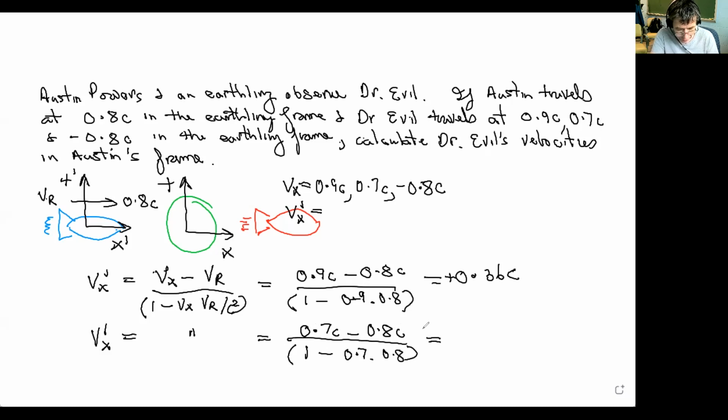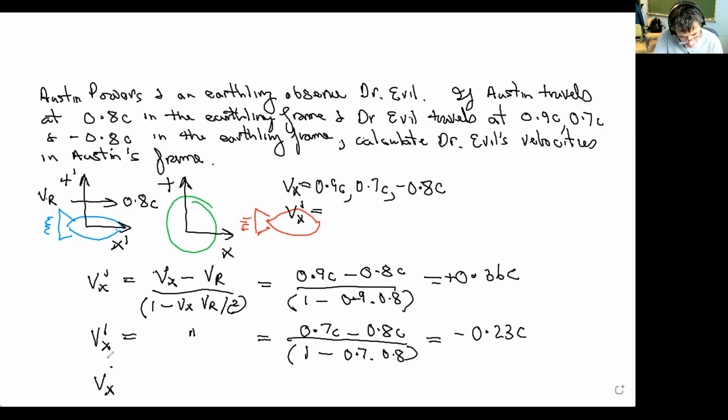And if you carry out this calculation, you're going to get a minus sign, and you're going to get a value that is already calculated at 0.23 times the speed of light. And so this is the new velocity that Austin is seeing Dr. Evil traveling at.